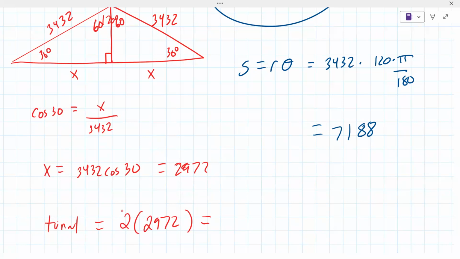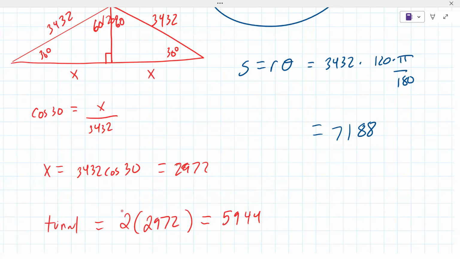The tunnel's going to always be faster. 5,944. So this one is preferred.